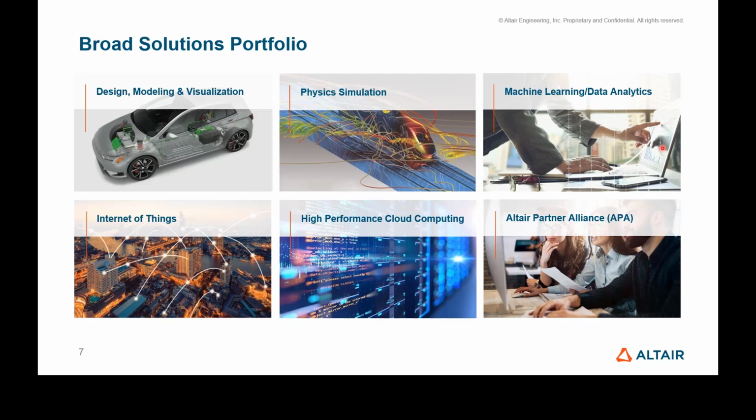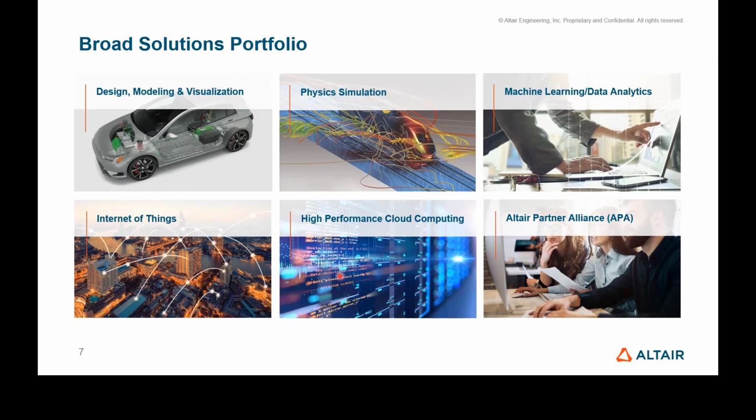Then we have offerings for machine learning and data analytics, and we'll talk a little bit about how we apply them to antenna design. Internet of Things is software that can be used to connect the physical layer, that is your sensors and other things, to the cloud.